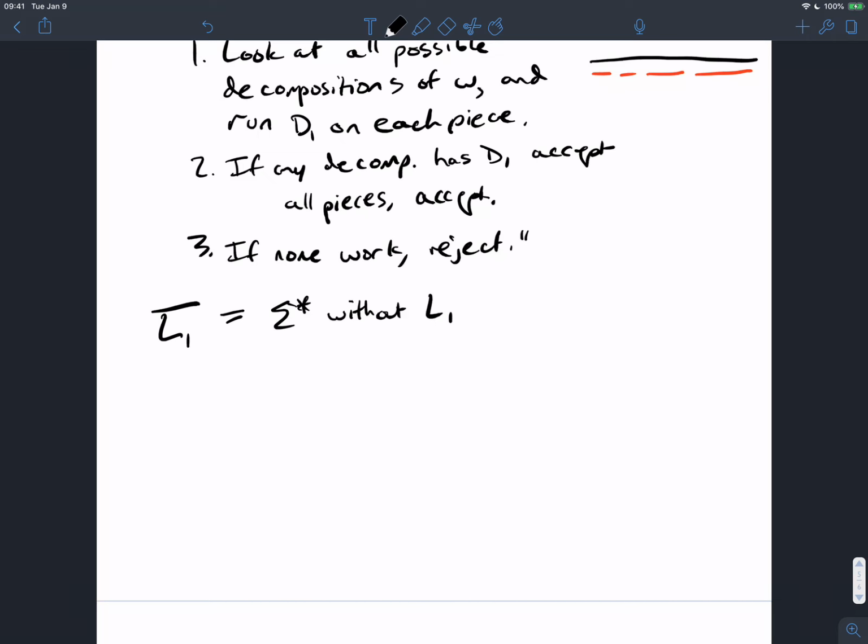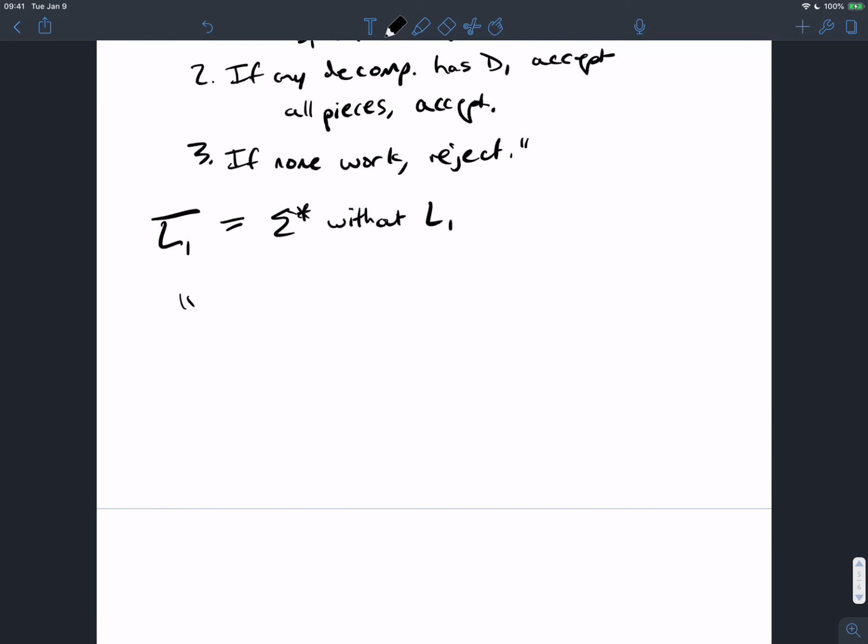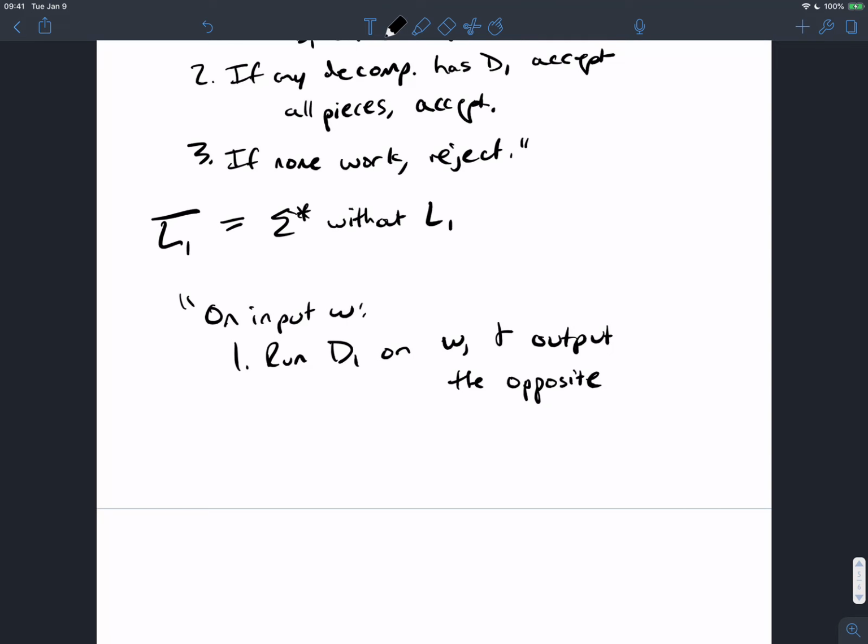It should say accept. So, in fact, this is the easiest one of all. So run D1 on W and output, which means say or return, the opposite.